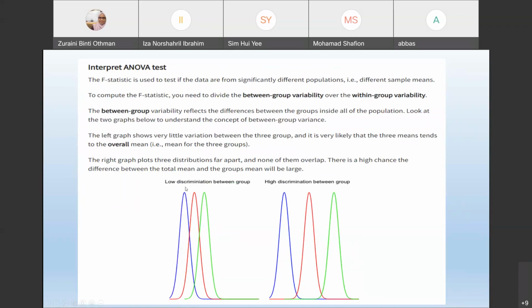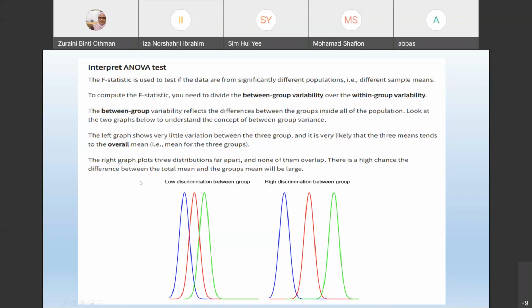This is the visualization where there is low discrimination between groups, and this is where it will be high. To compute the F statistic, you divide the between-group variability by the within-group variability. The between-group variability reflects the difference between groups inside all the population.